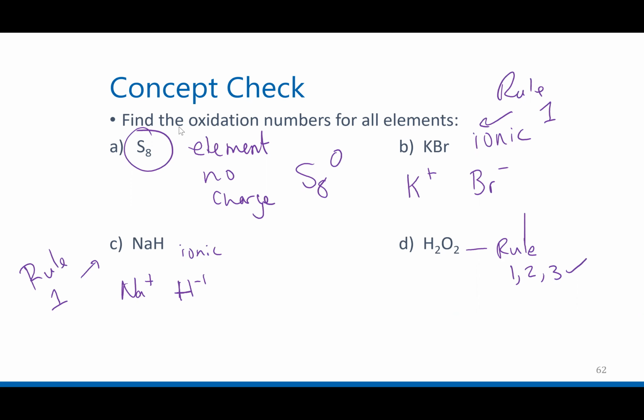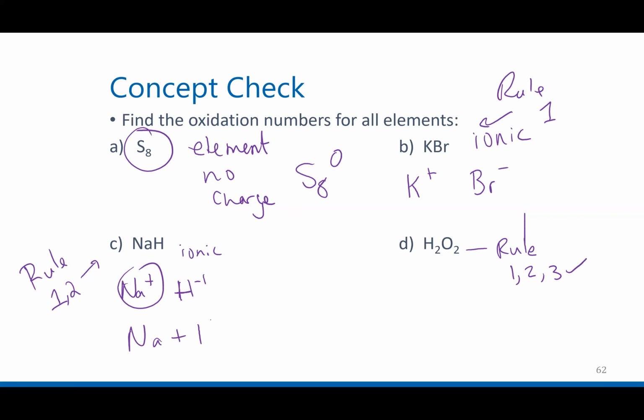Okay. So back to question D, rule 1, 2, and 3. I guess arguably for question C, guys, I was just thinking about it as I walked over to the door. You could apply rule 2 here, right? So I know that sodium is +1.